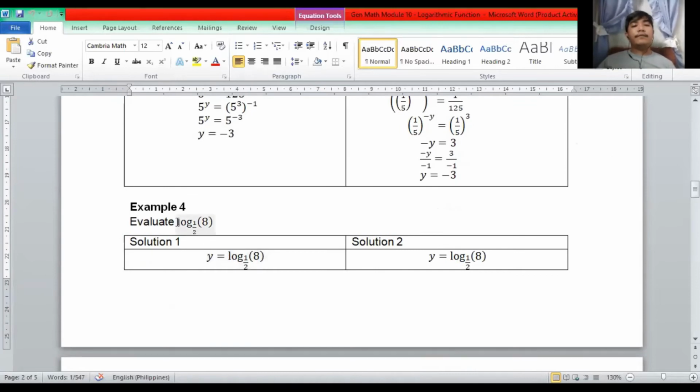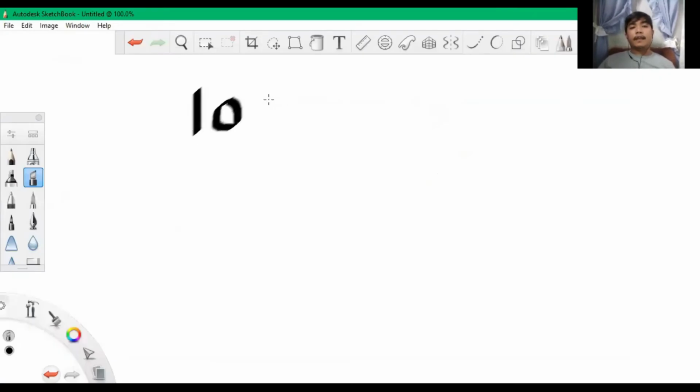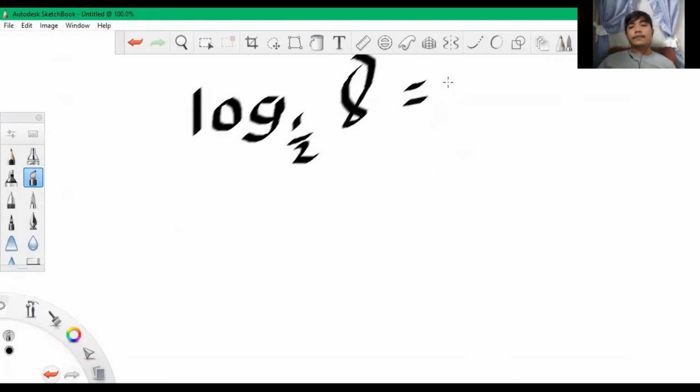So now let's have the logarithm of 8 to the base 1/2. So let's solve this example. So we have the logarithm of 8 to the base 1/2. And the missing part again is the exponent, which will be represented by y.